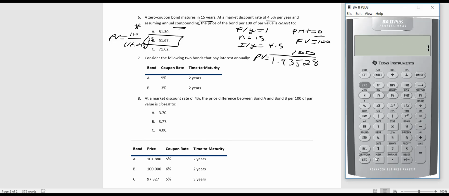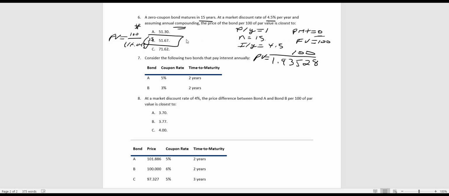So 100 divided by 1.93528 equals our 51.67, correct answer B. So on the zero coupons, because there's no series of cash flows, you can just use the simple present value calculation, or you can use the time value money functionality on the calculator.